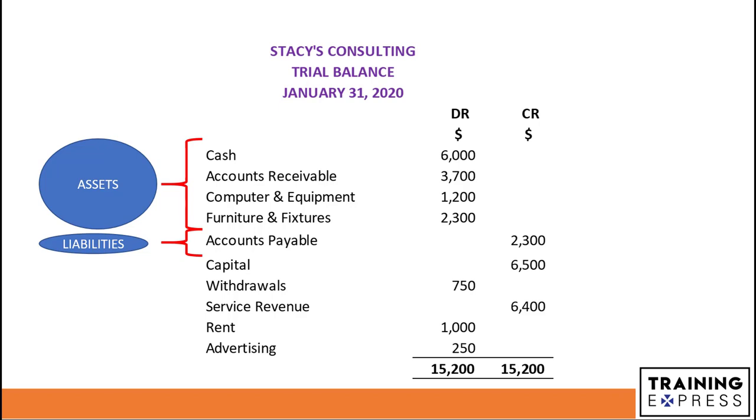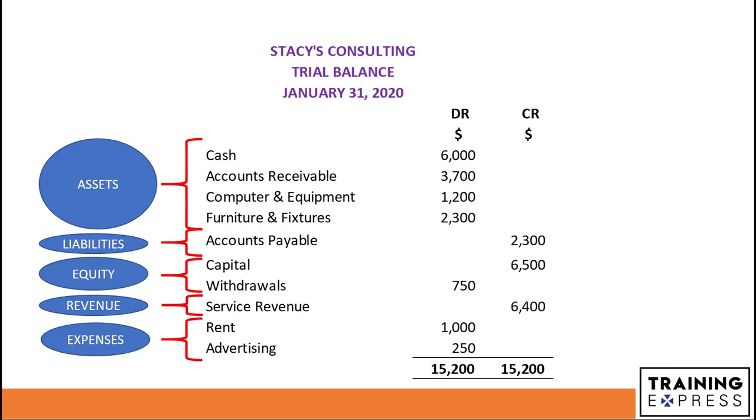Right now we have only one liability, and that is accounts payable. Then we have equity accounts, capital and withdrawals. After that, we have service revenue, which is basically a revenue account. And then we have expenses, rent expense and advertising.